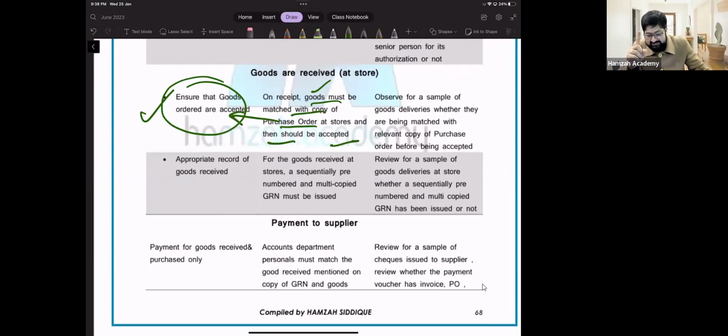Objective. Appropriate record of goods received. Now, whatever you are receiving, record.